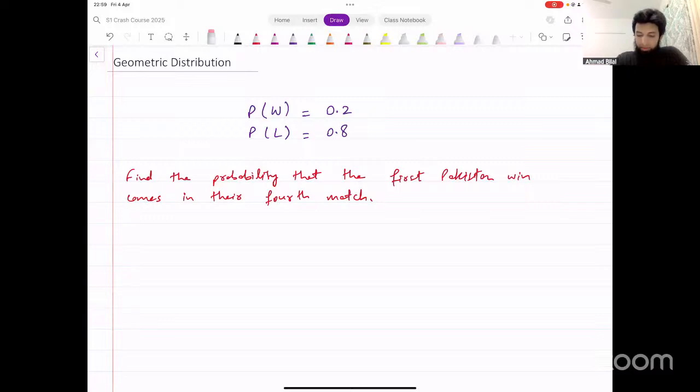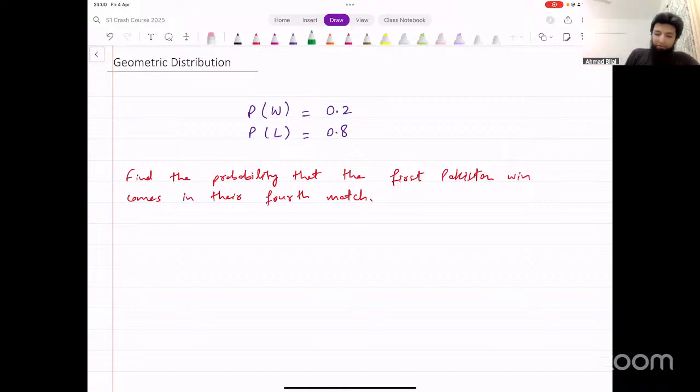But considering our current situation, let's say if the Pakistan team plays any match randomly with any team, Scotland, America, Ireland, Bangladesh, any team, let's say the probability of them winning is 0.2. And then if the probability of winning is 0.2, what about the probability of losing? That would be 0.8, right?